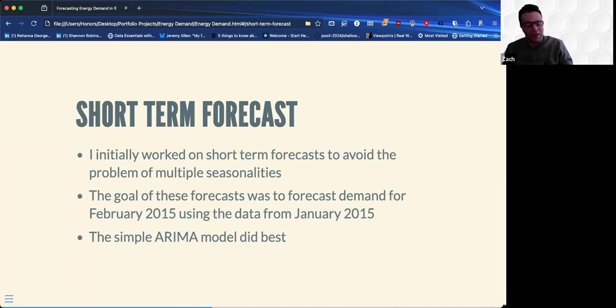So, like I said, tackling the multiple seasonalities would be, I thought, the major challenge of this project. At the start, I just wanted to experiment with some basic tools, and I wanted to avoid the problem of multiple seasonalities. So I just focused on 2 months in 2015, January and the first 2 weeks of February.